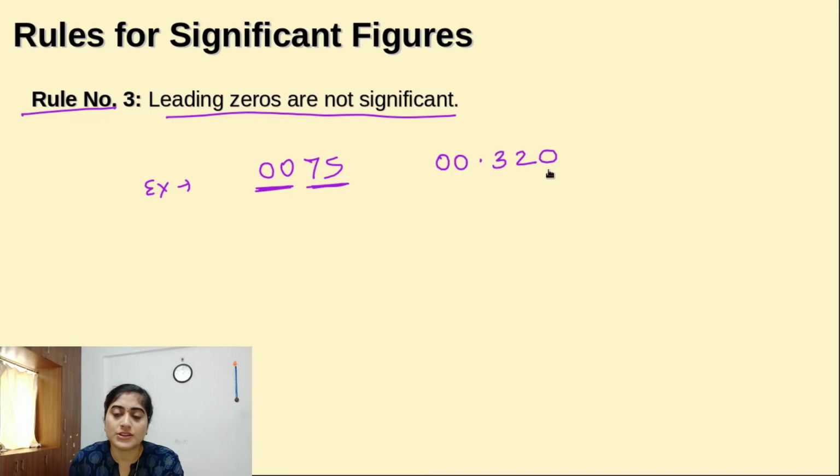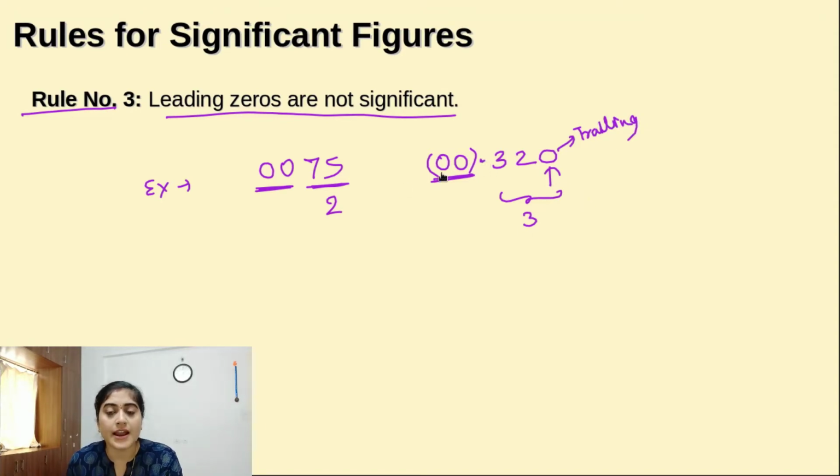Here there are only 2 significant figures in the first and 3 in this one, because these are leading zeros, but this is a trailing zero. This has a significant value because it comes after the decimal, and the leading zeros do not have any significance.